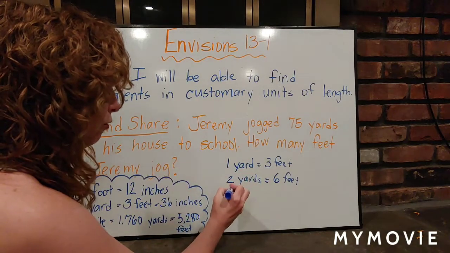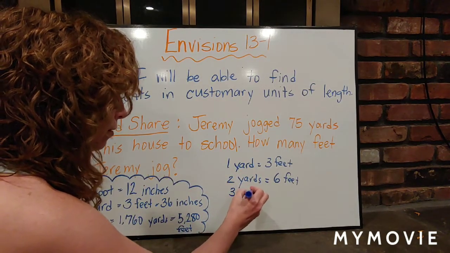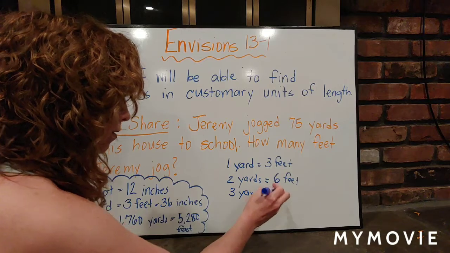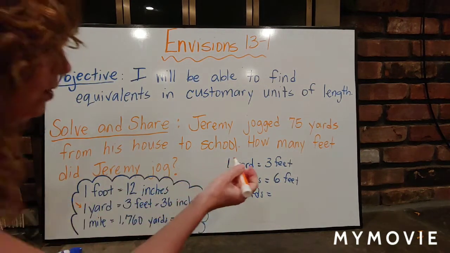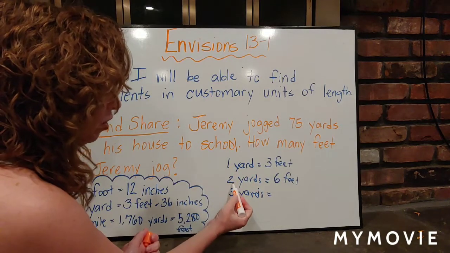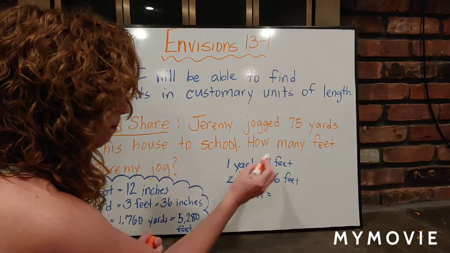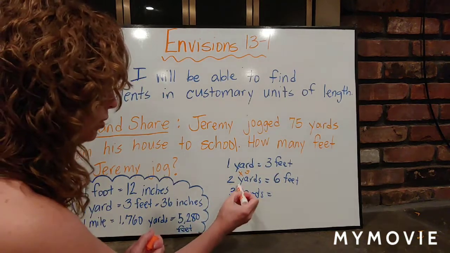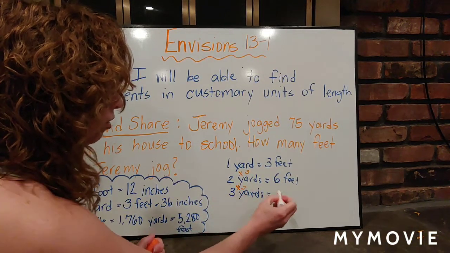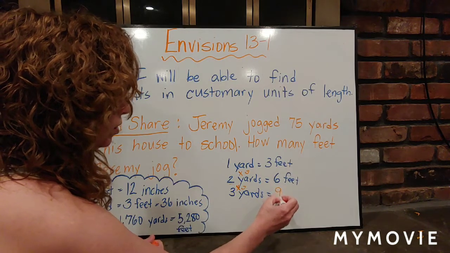So if we were to do 3 yards, how many feet would that be? So imagine, I'm going to put it in orange here so you could see. Whatever the yards is, you're going to multiply by 3 to get that. So we would do 3 times 3 yards equals 9 feet.